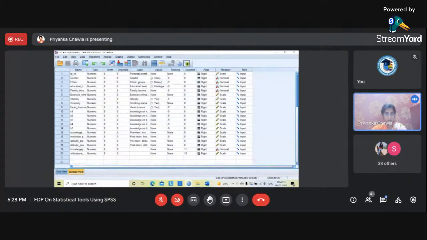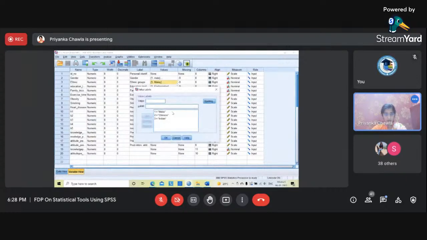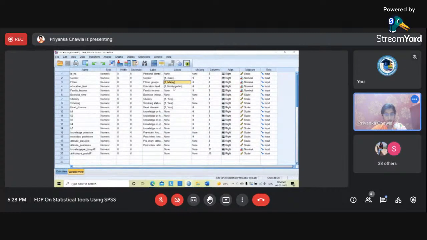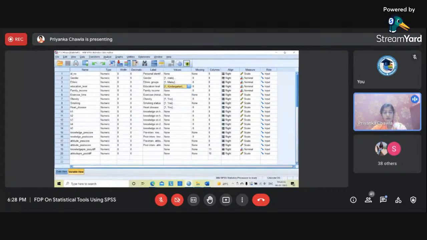Here you can see ethnic, Chinese, Indian, and this one. Education status: KG, primary and secondary school. How will you describe data? If you talk about only a single variable, single gender, how can you describe this? Any idea about this? We had done this part.